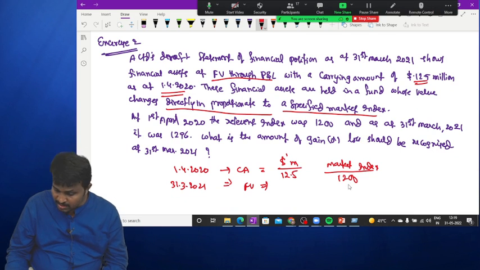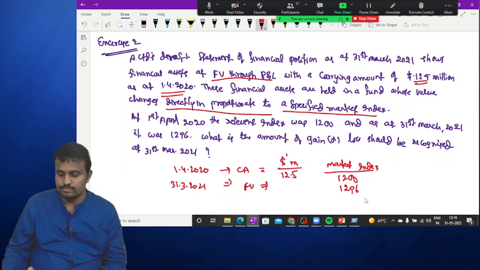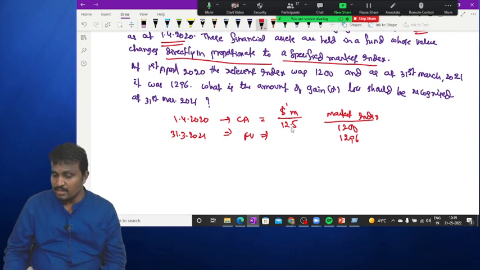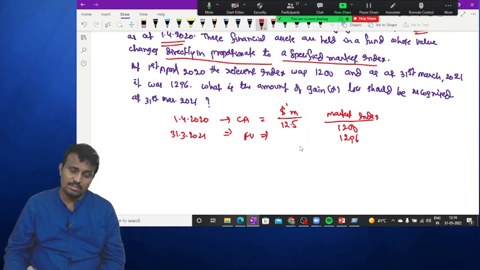We don't know, but we know the market index is 1296. For 1200, the carrying amount is 12.5. Then for 1296, what is the carrying amount?